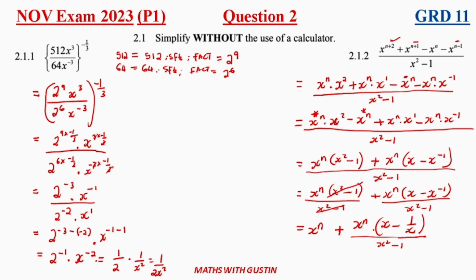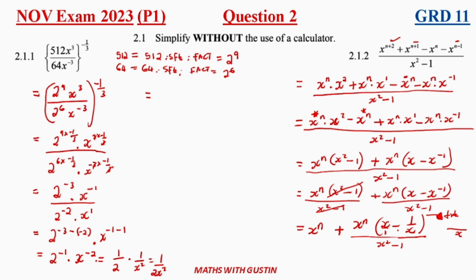All right, so now guys, I'm out of space here, but I'm going to continue right here. If you look at this, this is a fraction. We can simplify this by finding the lowest common denominator. This is a fraction, guys. Please, you did fractions in grade 10. So let me see, what are we going to do? What is our LCD? Our LCD is x. This x is as good as x over 1.